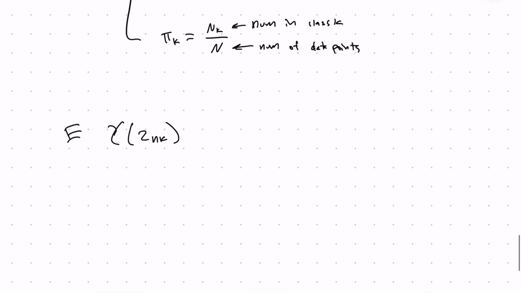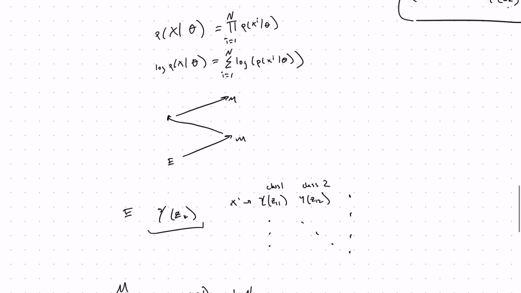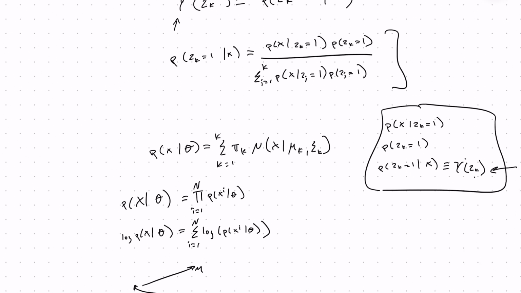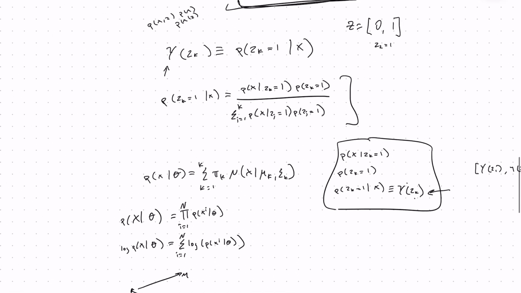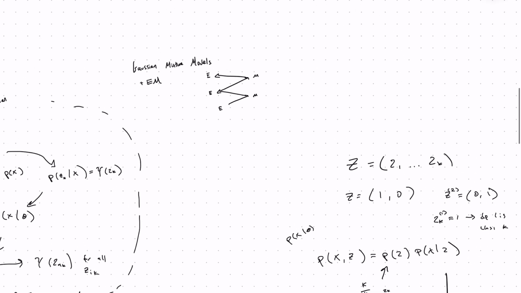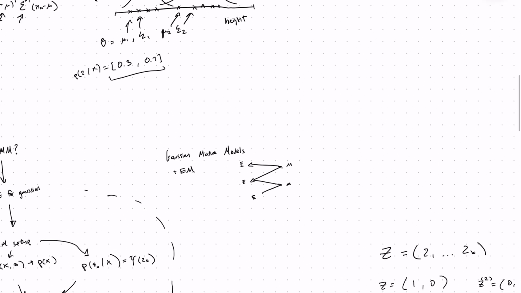So now we have a better this. And then we do M step to get better parameters. And you keep going, and you calculate this every time to see if it converges. And that is GMM with EM. And all of the crazy notation. All right, nice.